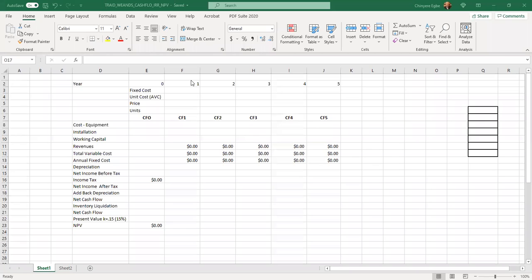As you remember, we have the typical revenue and cost information. The fixed cost of the project every year will be 700,000.